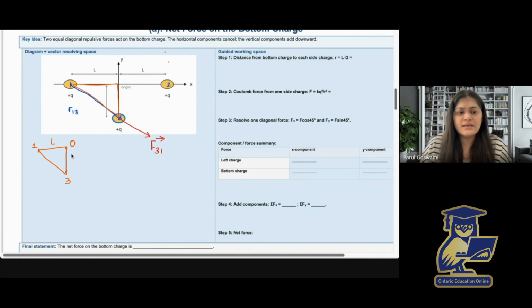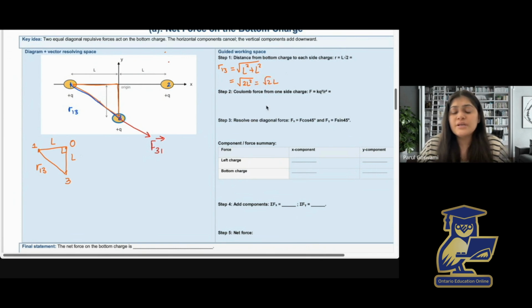This length is L, this perpendicular length is also L, and this is R13. Using this right angle triangle, we can determine R13 using the Pythagoras theorem. R13 is the square root of the sum of the squares of these two perpendicular lengths, which is L square plus L square. And L square plus L square is 2L square, so this becomes square root of 2 times L.